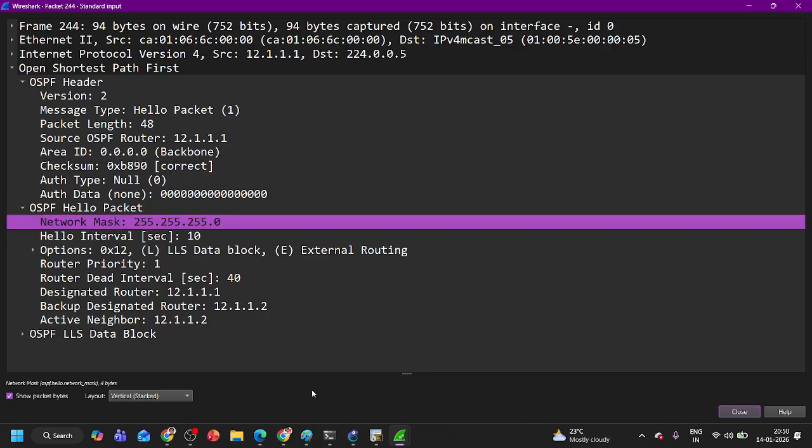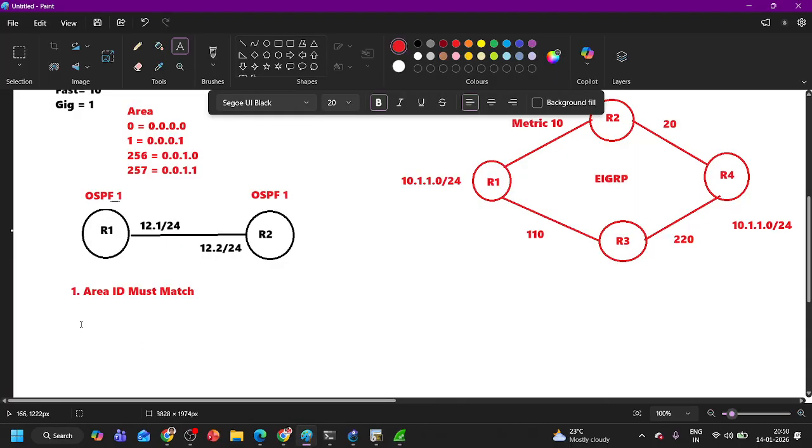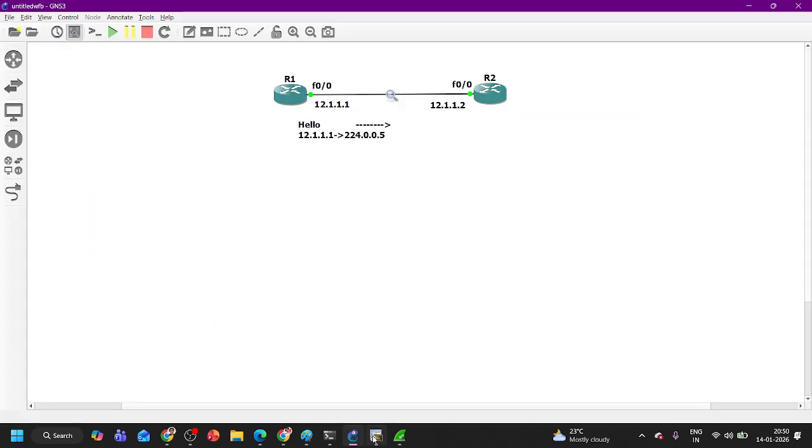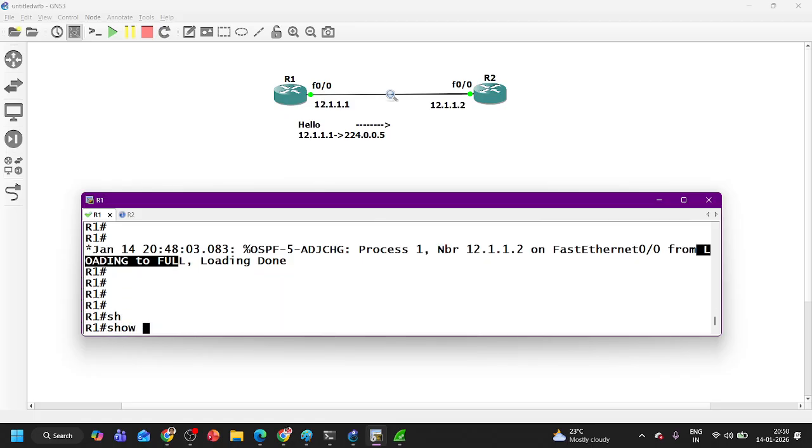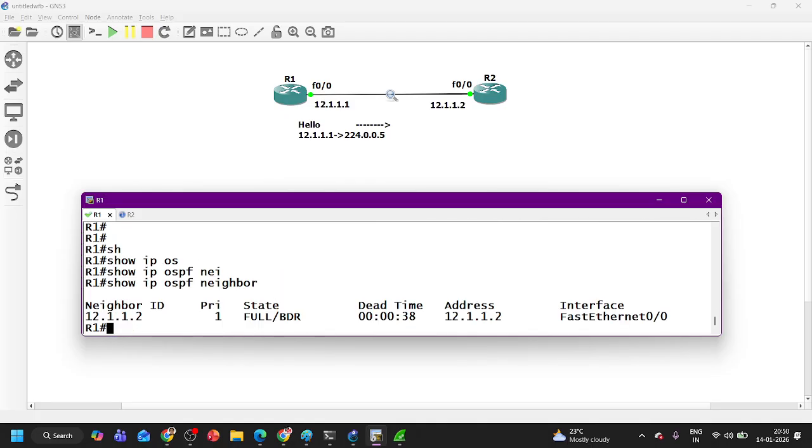Second, subnet mask. Subnet mask must match. What subnet mask have I configured here? 12.1.1.1 255.255.255.0. So, show ip ospf neighbor. Here you can see in the neighbor table we have the information of the neighbor, right?